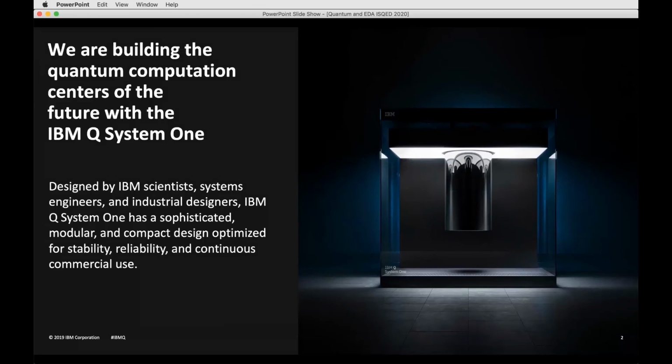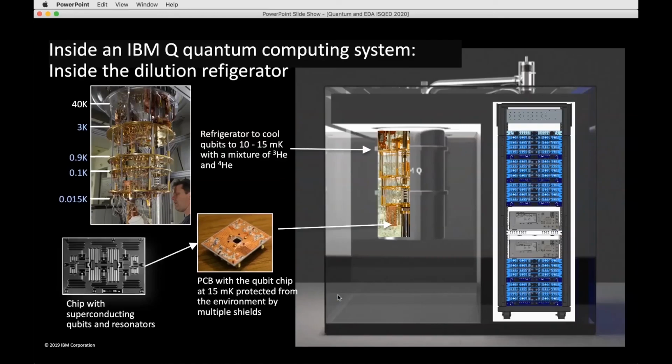So let's look at what's inside here. What do we see inside a quantum computer? First there is the chip. The core chip is the superconducting qubits and resonators. That chip sits on the PCB, which has quite a bit of shielding to protect the chip.